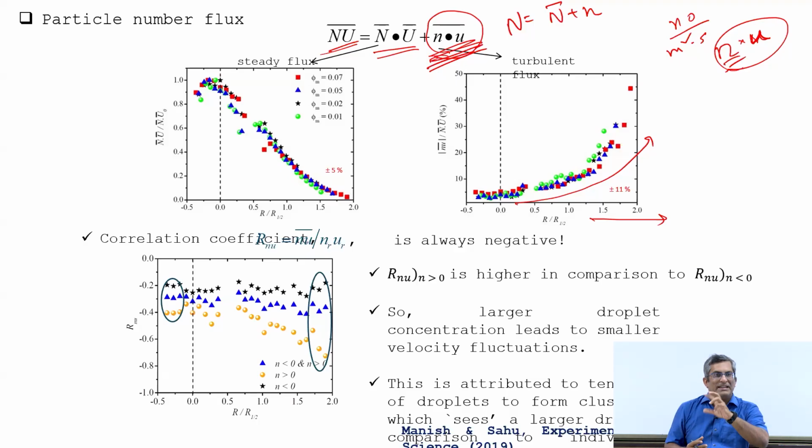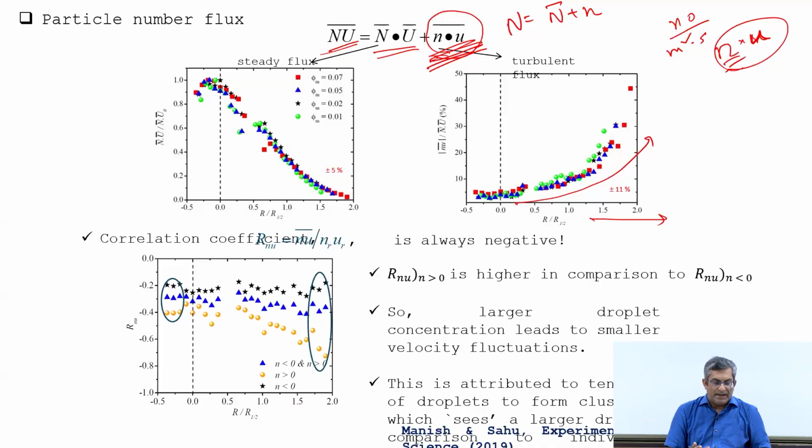So this indicates that the clustering effect causes this correlation to be stronger. So if you remember, I had discussed this. Due to clustering, we have local fluctuations of particle concentration, or here number density. Now here the number density correlates with the particle velocity. And interestingly, what is found is that the magnitude here is negative mostly.